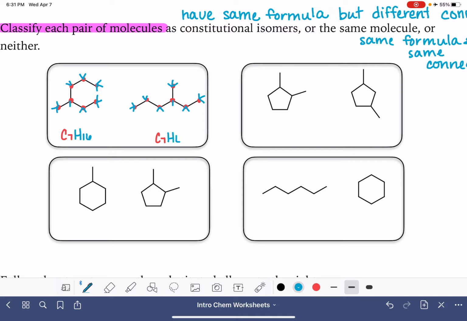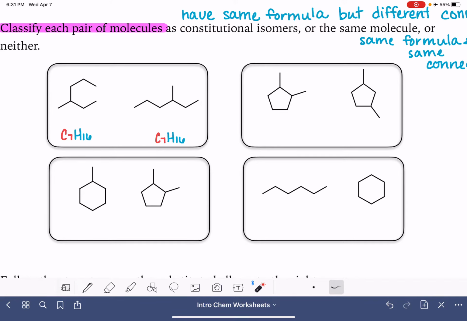So these two molecules do have the exact same molecular formula. That means that they are either constitutional isomers, or they are an identical molecule, the same molecule that's just drawn slightly differently. So how are we going to figure this out?